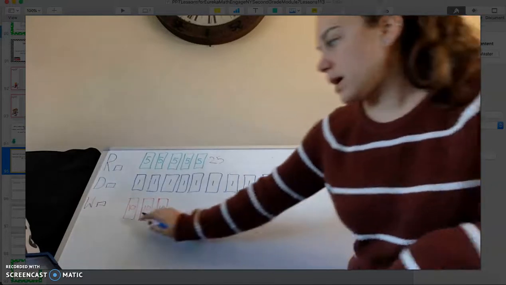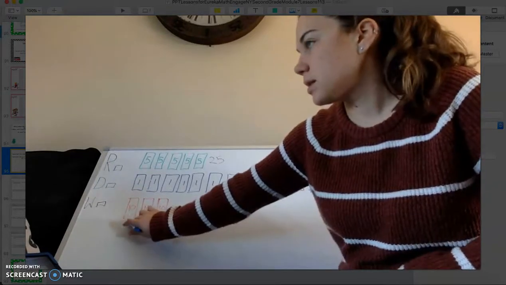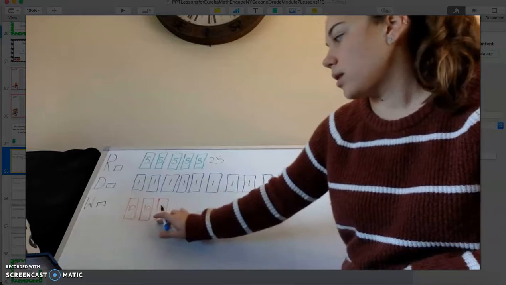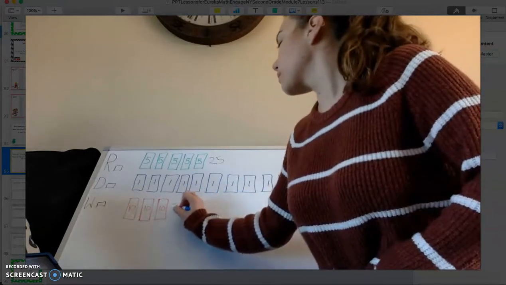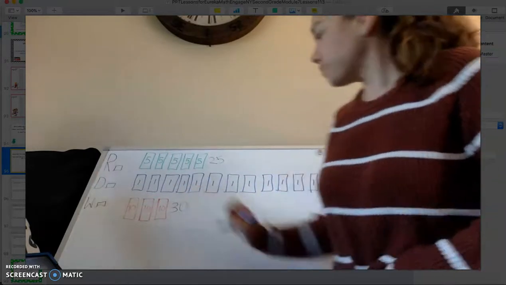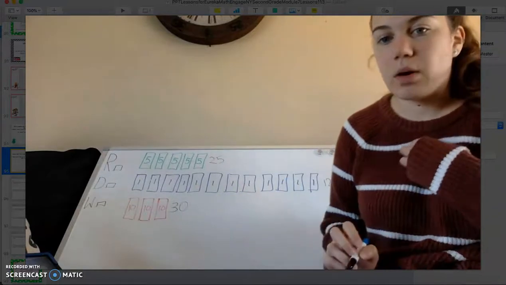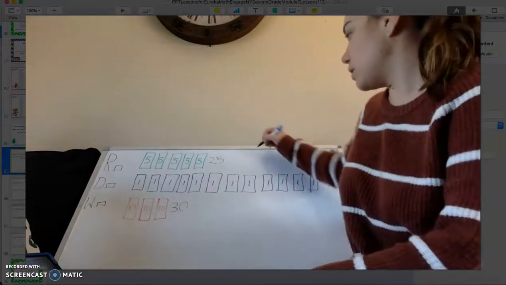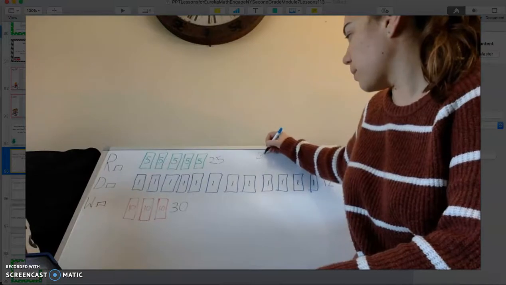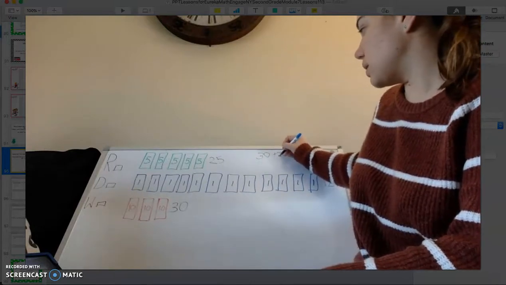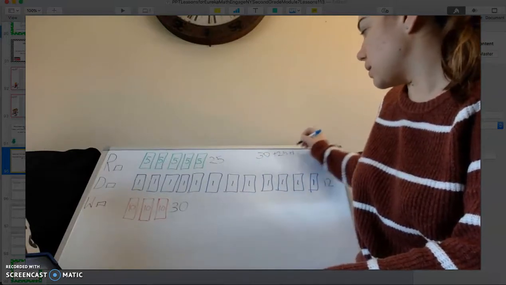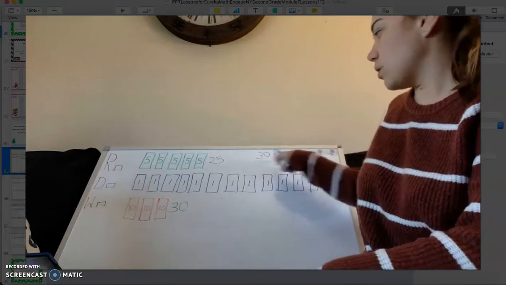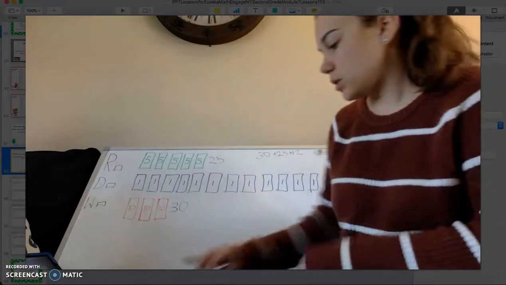And now for the 10s, let's count by 10s. 10, 20, 30. Now we need to add them up all together. So we have to do 30 plus 25 plus 12. So let's first do 30 plus 25.